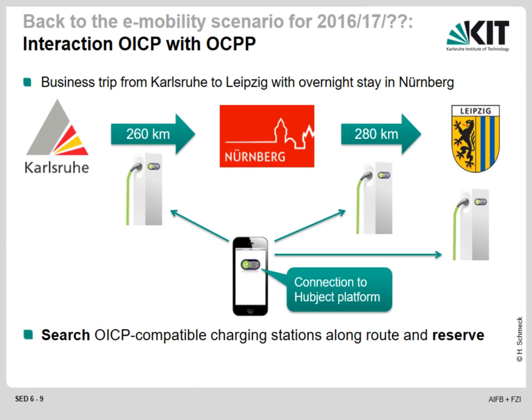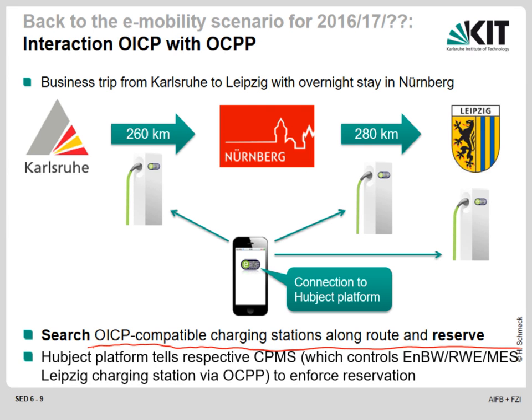You can search OICP compatible charging stations along your route and reserve charging stations. You estimate the arrival times, your navigation system tells you when you will be there, and so you reserve the charging stations. This is done using the Hubject platform.